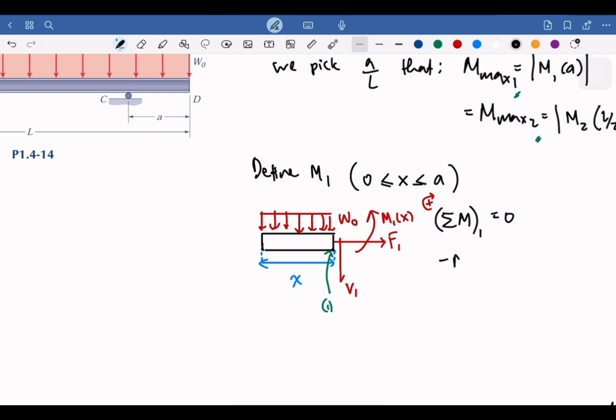So we have negative M1, and then negative W0 x, which acts at the end point, multiplied with x over 2.